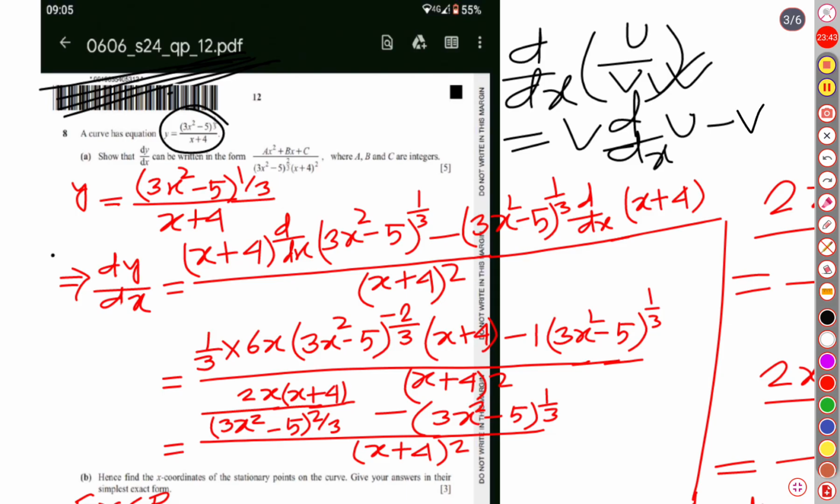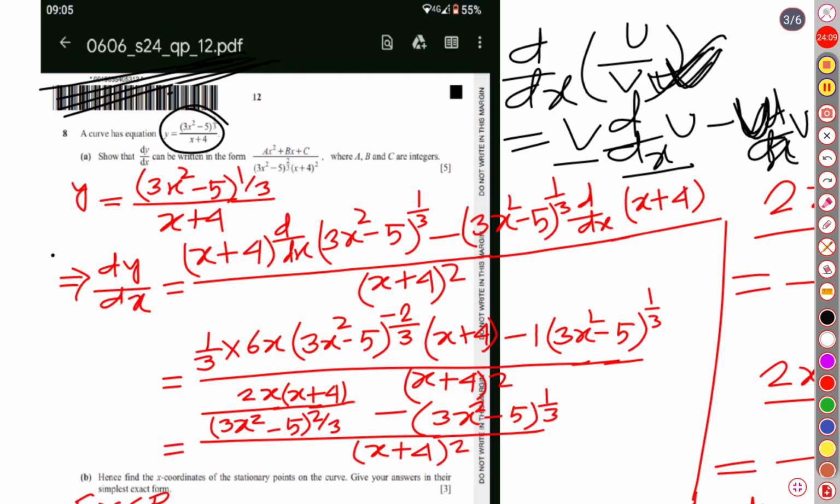Then it will be v, then d over dx of u. So how to do this? Always we start with the second function, or denominator, then second function into derivative of the first function, minus first function, sorry, this is actually u, which looks like v.